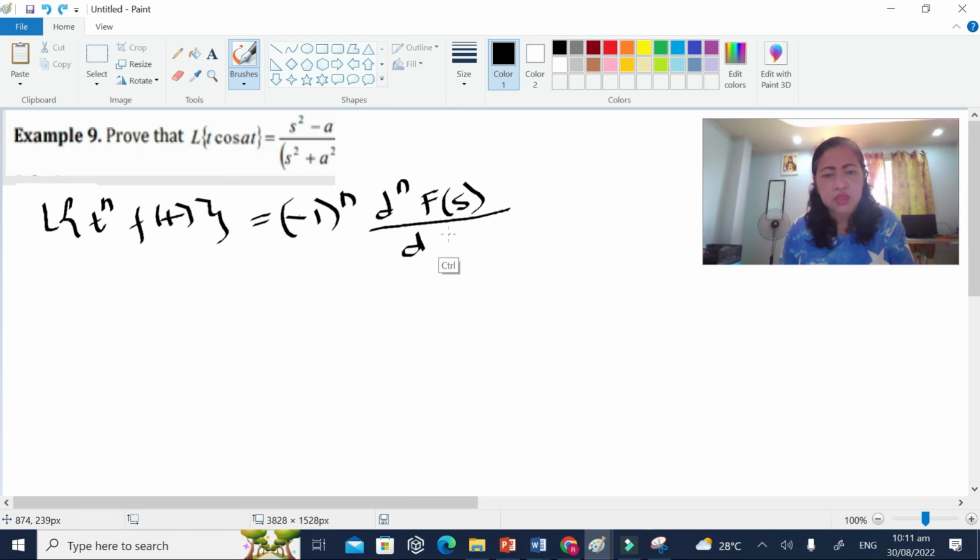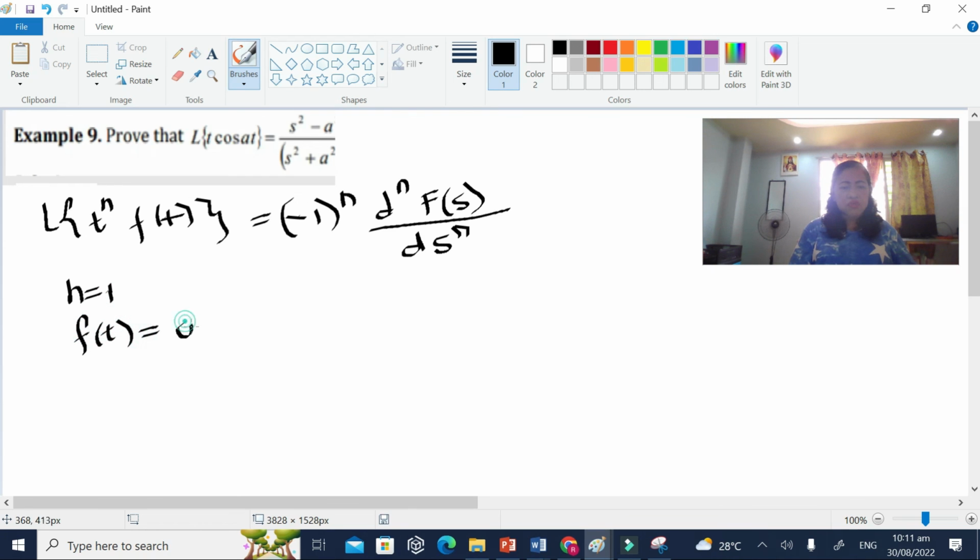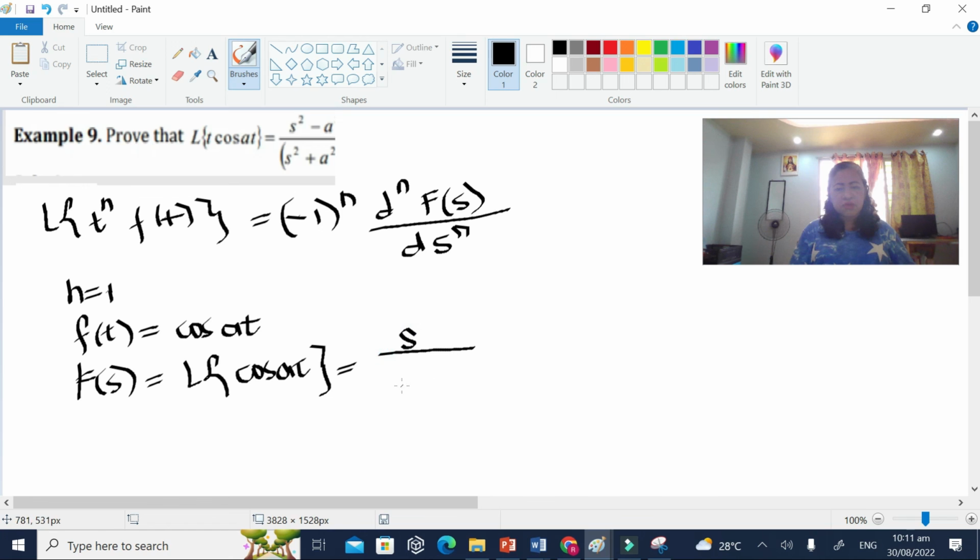Our n is equal to 1, so first derivative only. The function of t is cosine of at, so the function of s is the Laplace of cosine of at, which is s over s squared plus a squared.